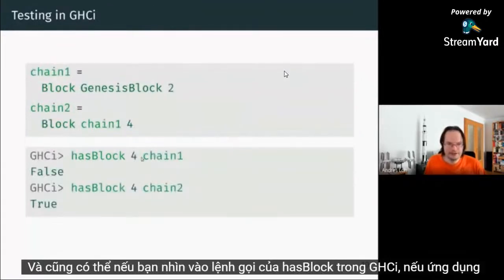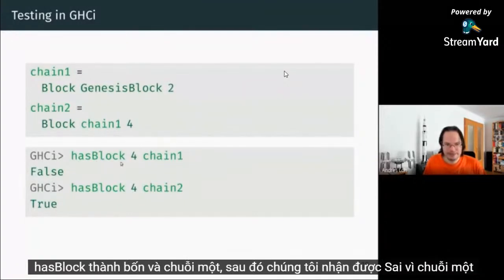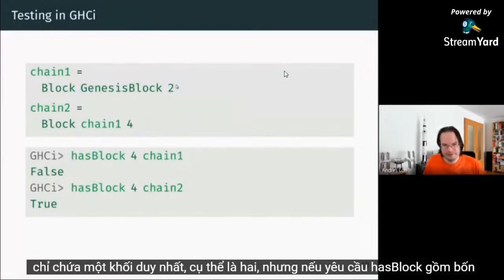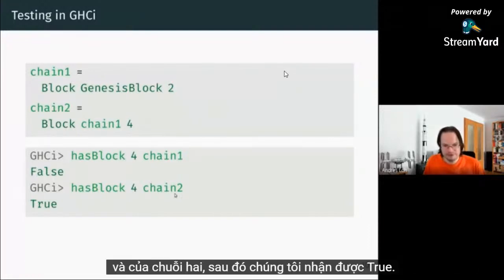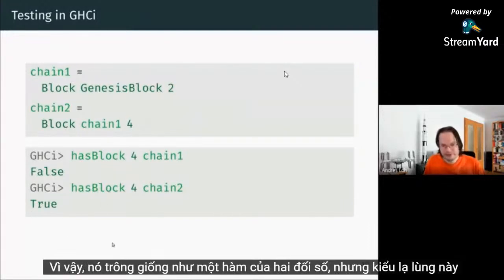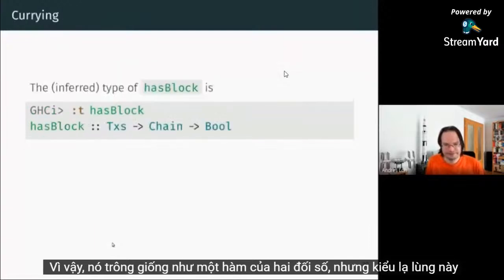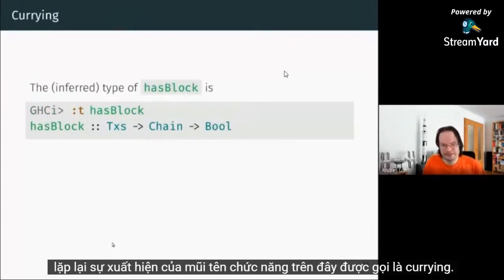And also, if you look at the call of Has block in GHCI, if we apply Has block to 4 and chain 1, then we get false because chain 1 contained only a single block, namely 2. But if we ask Has block of 4 and of chain 2, then we get true. So it looks like a function of two arguments, but the type is this strange repeated occurrence of the function arrow. And this is what's called currying.